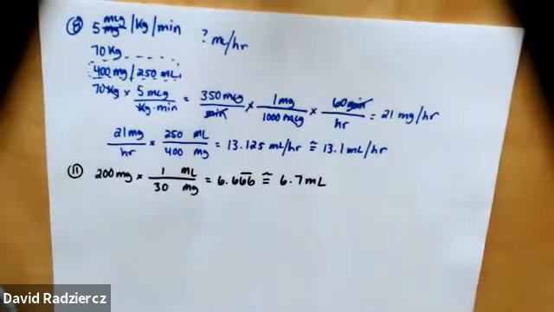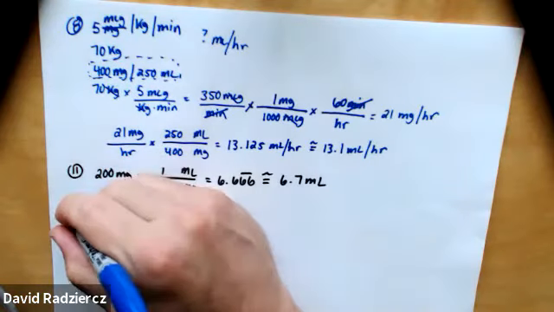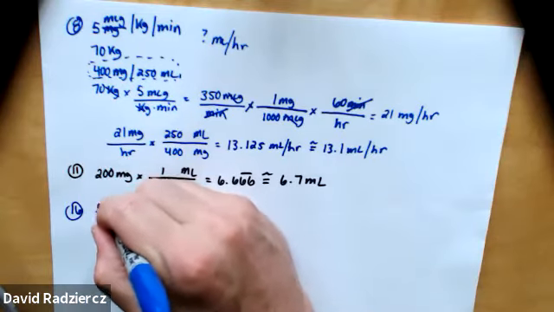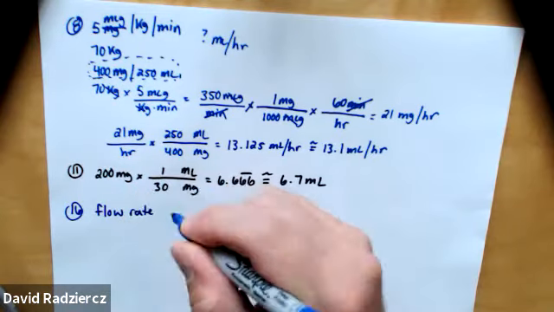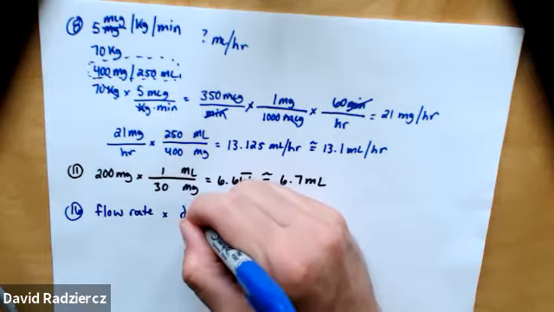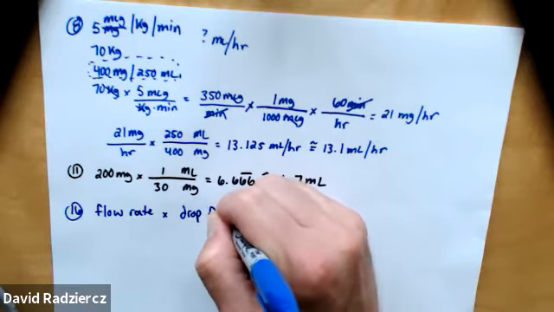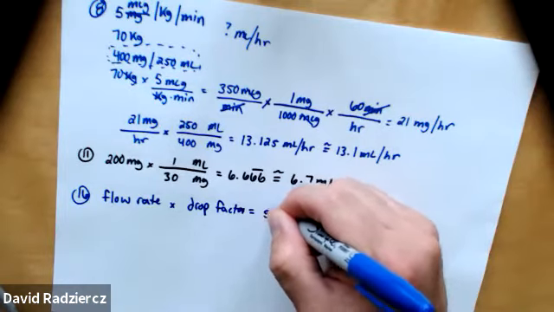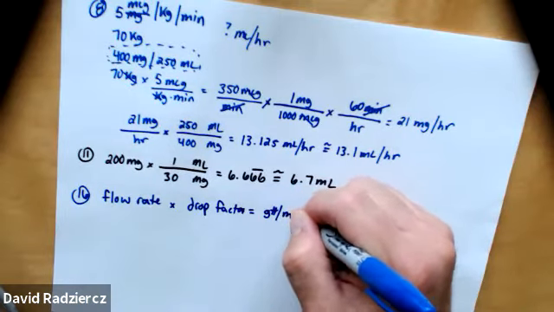So as a reminder, when you're calculating drop rates, you need 2 pieces of information. You need the flow rate and you need the drop factor. Once you have those 2 pieces of information, you can calculate the drop rate, which is in drops per minute.